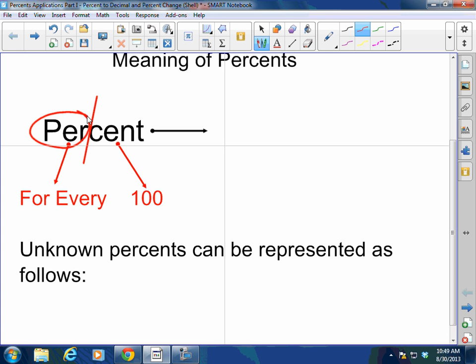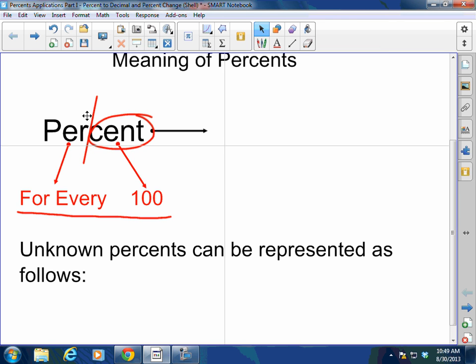That means there's 3 slices for every person. $5 per person to ride the ride. That means $5 for every person. So per is for every. And cent, think of century. Cent is 100. So when you put the two roots together, percent, it means for every 100.